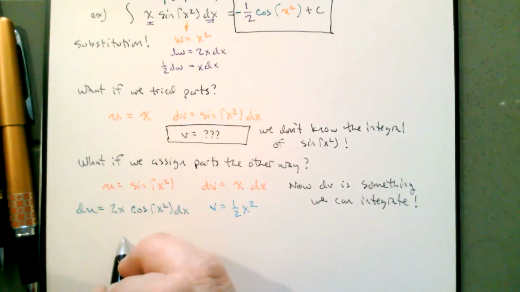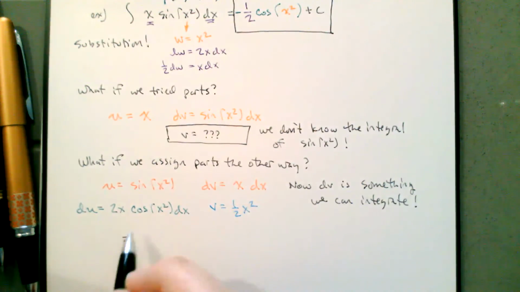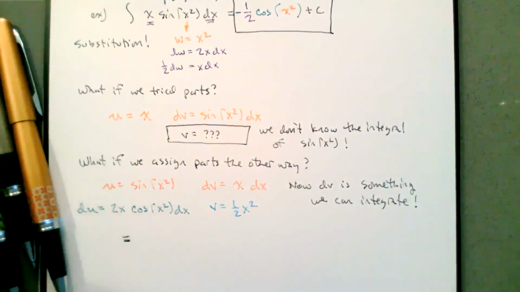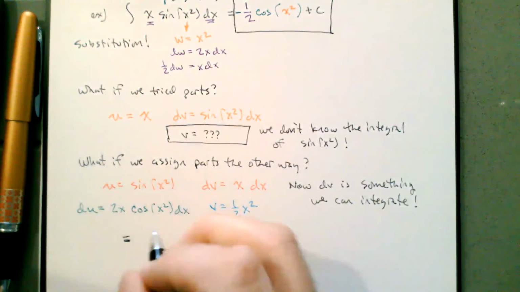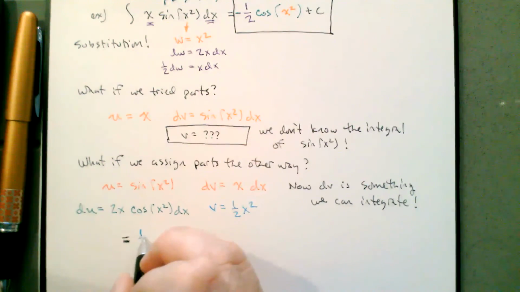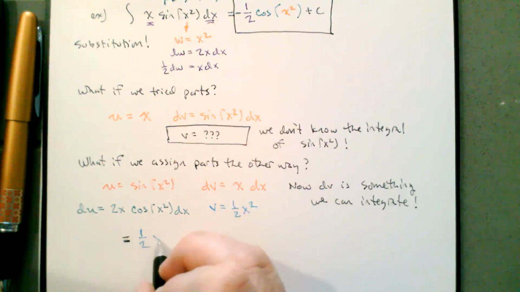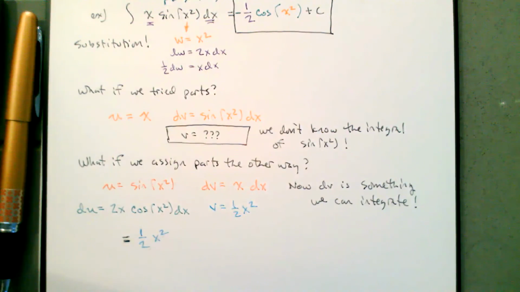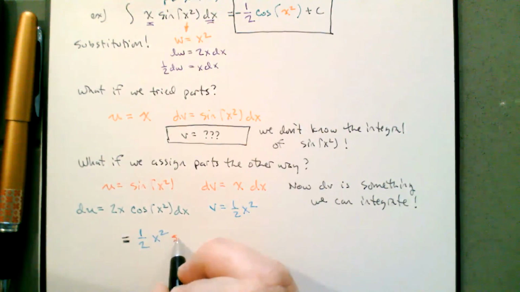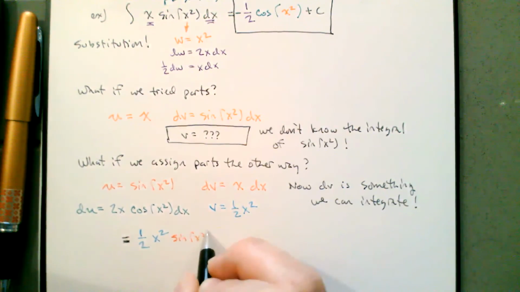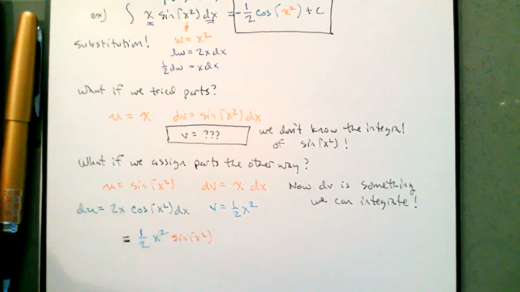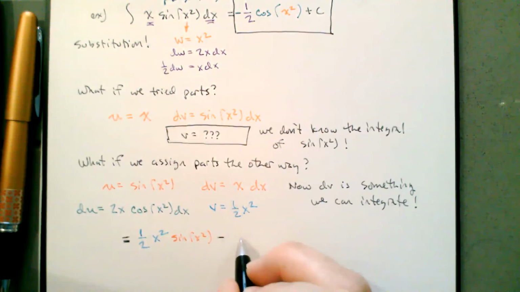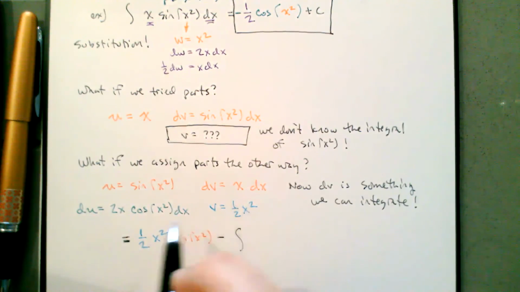So the parts formula will have uv, so 1/2 x squared times the sine of x squared. That's fine. Minus the integral of v times du.